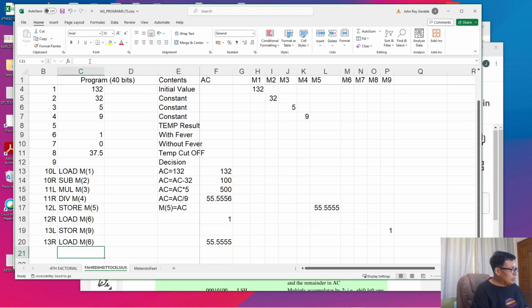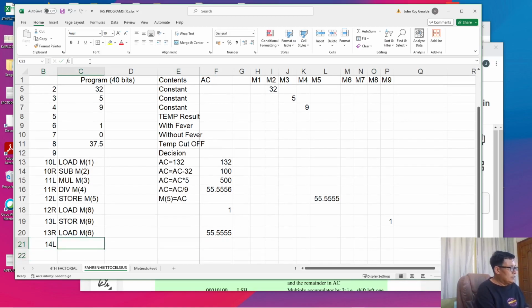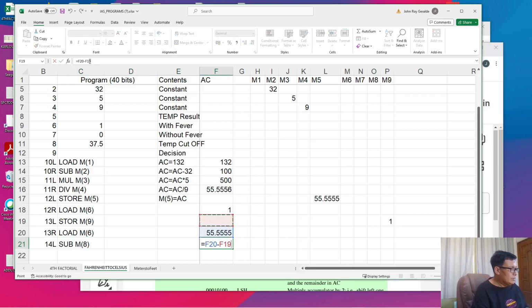Then we will subtract the cutoff at 14L. So we'll say sub M8, the cutoff. So what's this minus 37.5? It's 18.